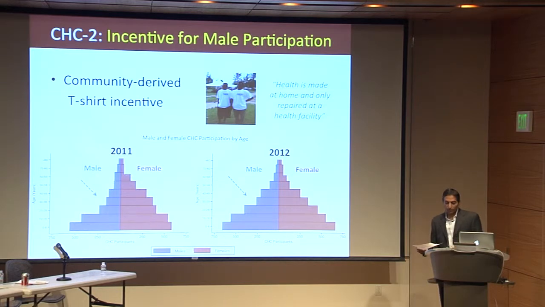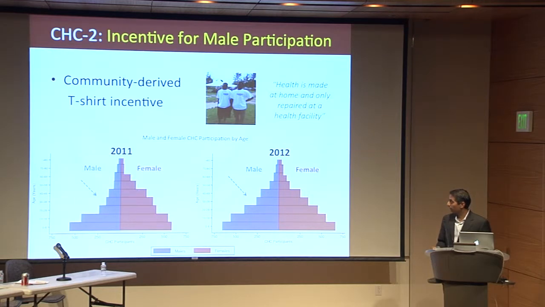Now, one thing we saw in the first community health campaign in 2011 was a gap in male and female participation. You can see this in the lower left figure, which is an age and gender histogram, and you can see that in the age 20 to 40 bracket, there was a decrement in male participation. This is a well-known feature of service delivery.